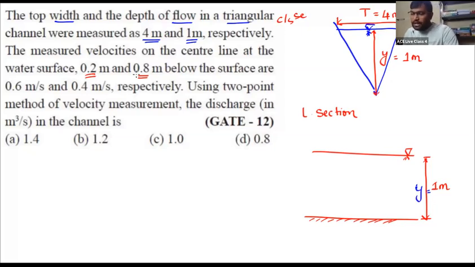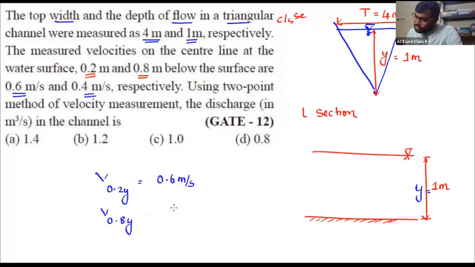And what is 0.8y? 0.8 meters, right? And the velocities they have measured as 0.6 and 0.4, which means the velocity at a depth of 0.2y is 0.6 meters per second. 0.8y is given as 0.4 meters per second, where y is equal to 1 meter.